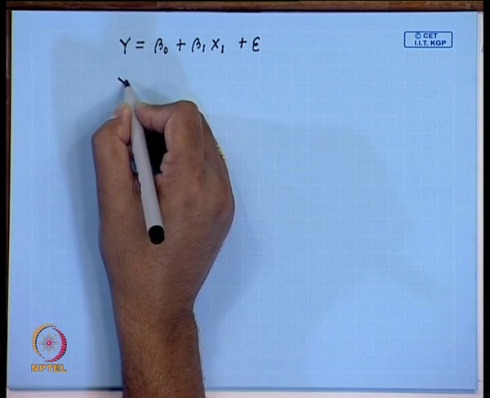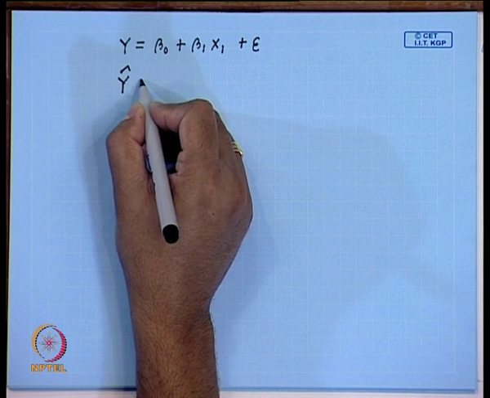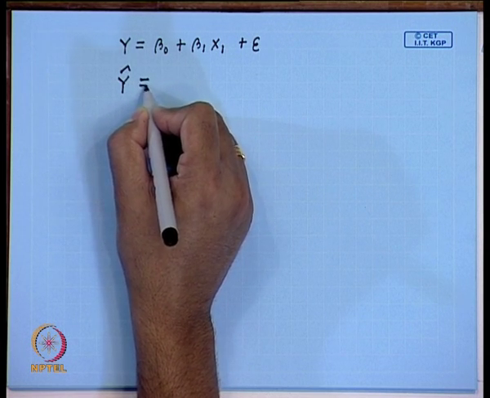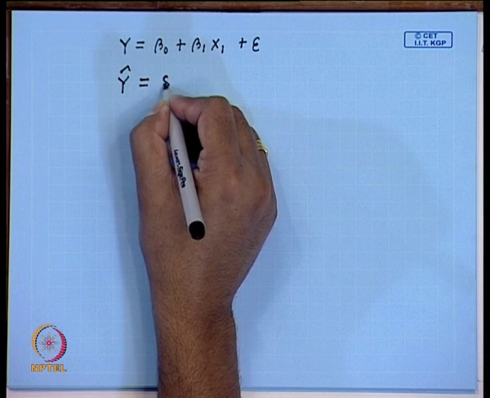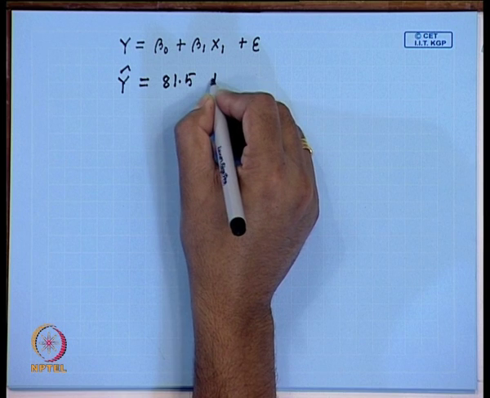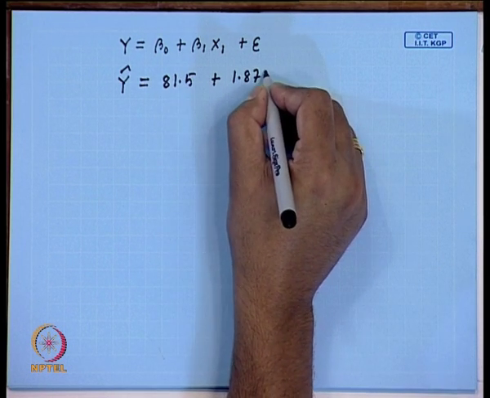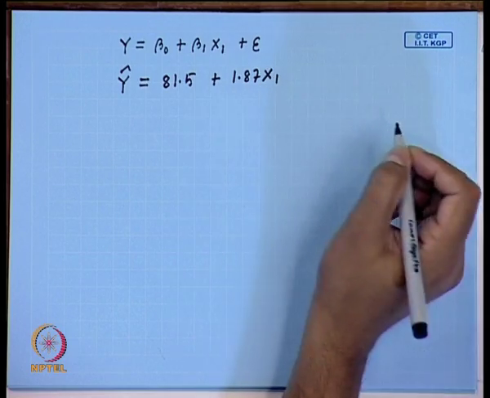You can check that the fitted equation is y hat equal to 81.5 plus 1.87 x1. So this is the fitted equation.